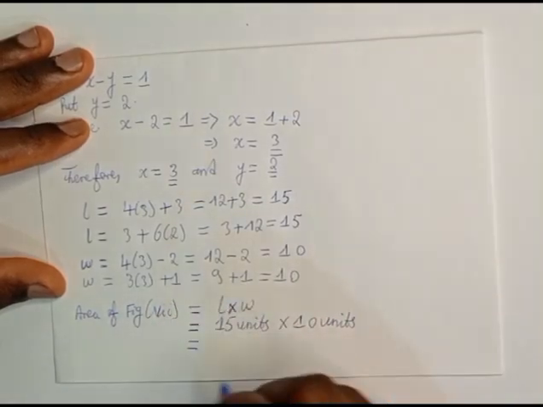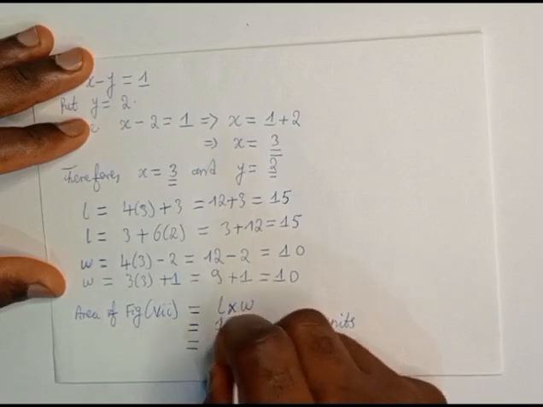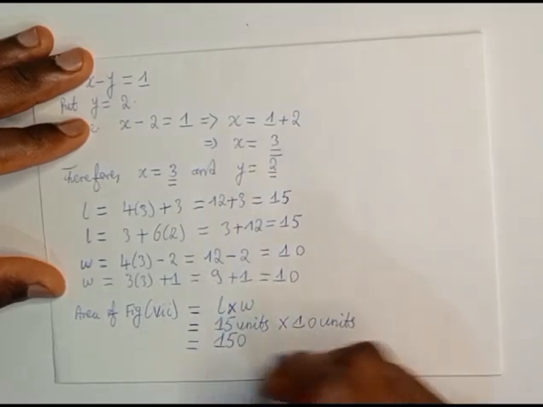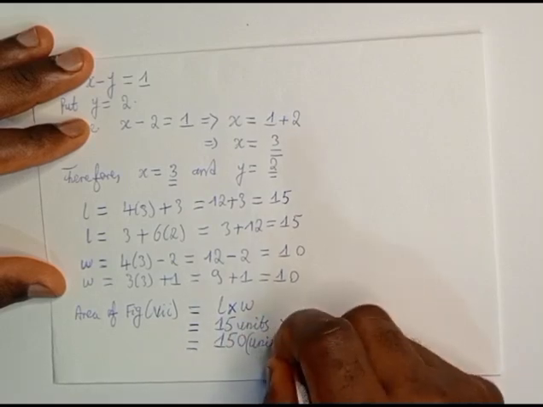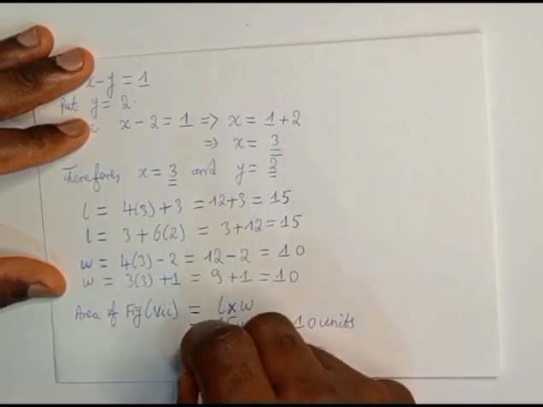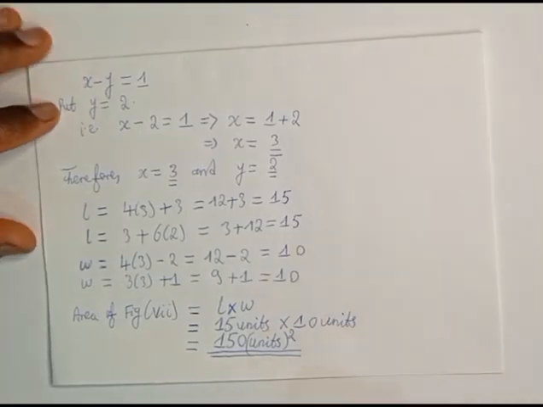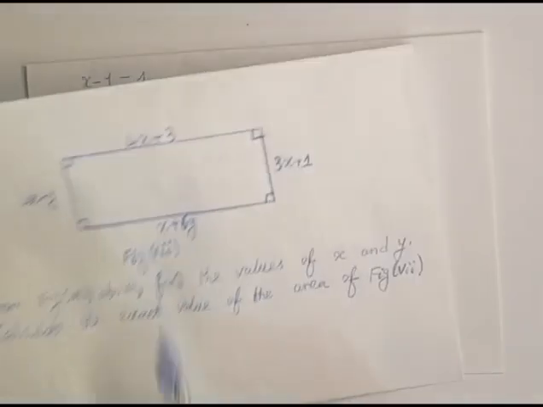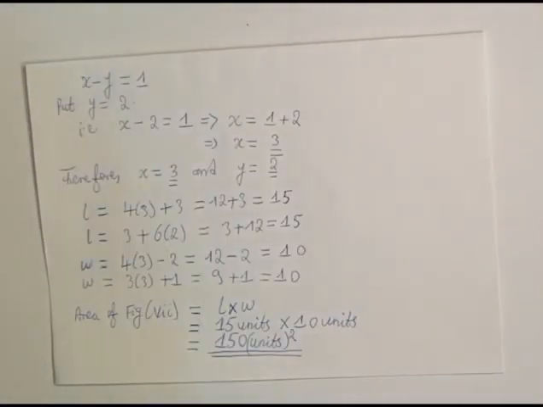And this will simply be equal to 15 times 10 gives us 150. Units times units gives us units squared. We underline the answer. Therefore, the area of figure 7, this figure, is 150 units squared. We are done with the solution of the question.